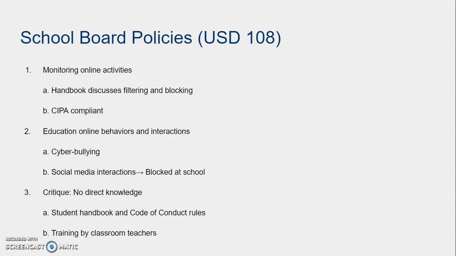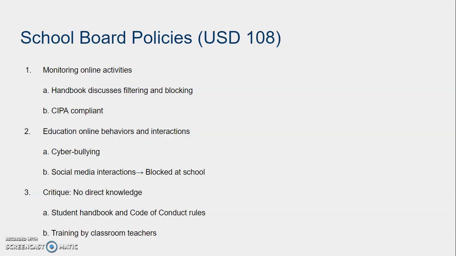The second requirement was that they educate about online behaviors and interactions. Within that handbook, there were a lot of pages discussing cyberbullying and terms of use. There were probably 3 or 4 pages in one section and 2 or 3 pages in another section, including a huge section on what cyberbullying is, what the school will do about it, and the policies concerning it.